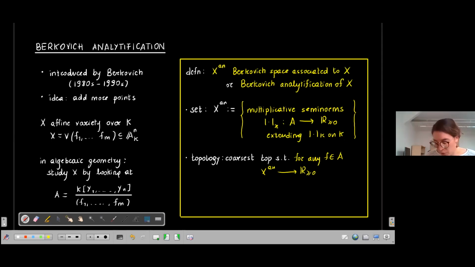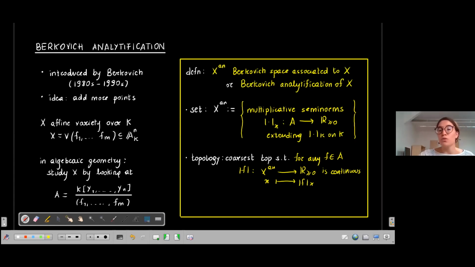This map works as follows: to any semi-norm, or any point x, we associate the value of this semi-norm at f. So we are evaluating the element f. And we ask that all these functions be continuous in the Berkovich topology, the topology that we are constructing.